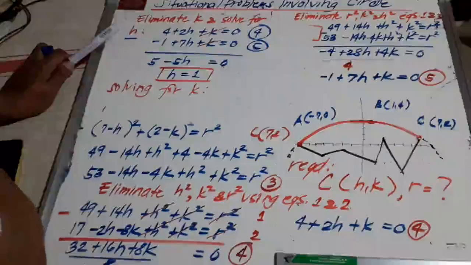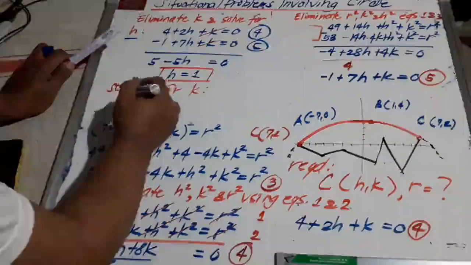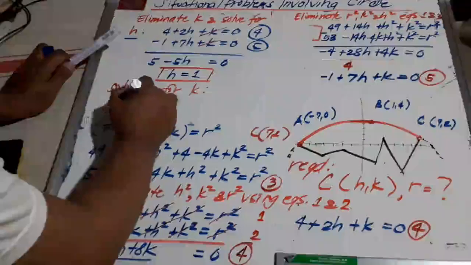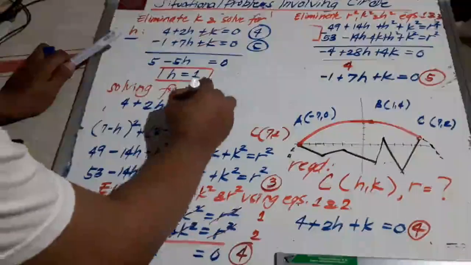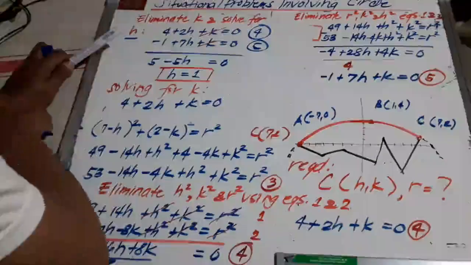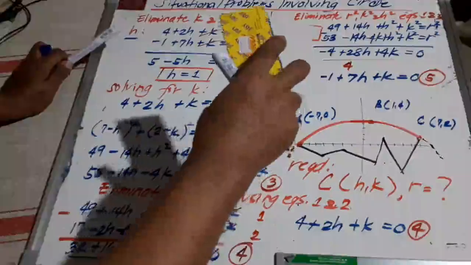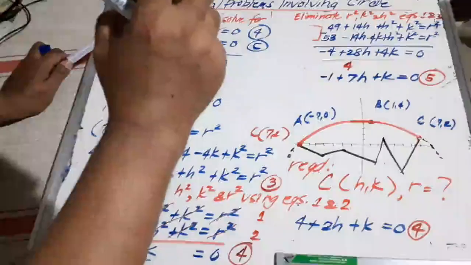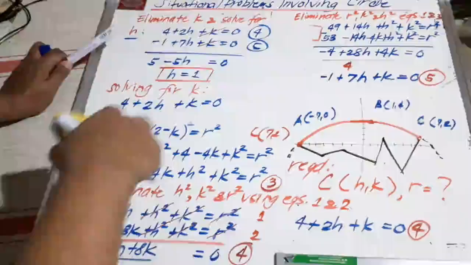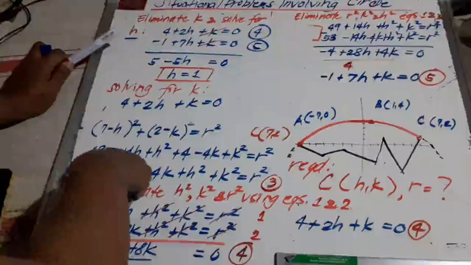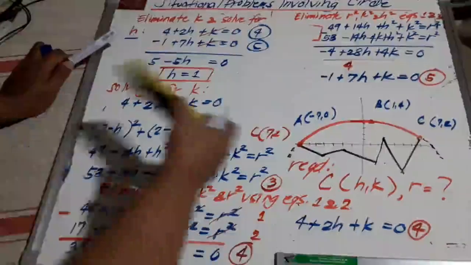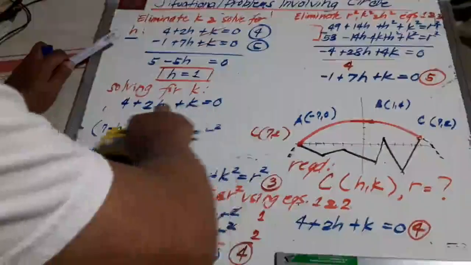Substitute the value of H to equation 4. So, we have 4 plus 2H plus K equals 0. Then, tanggalin ko na yung K. Tira natin yung equation 3, gagamitin natin mamaya.